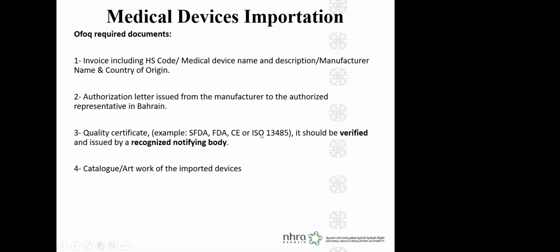This is the only acceptable ISO standard for NHRA. So make sure that you submit the correct ISO standard. The certificate should be verified before submitting to avoid any violation, and the certificate should be issued by a recognized notifying body. And number 4 is the catalog or artwork or the label.